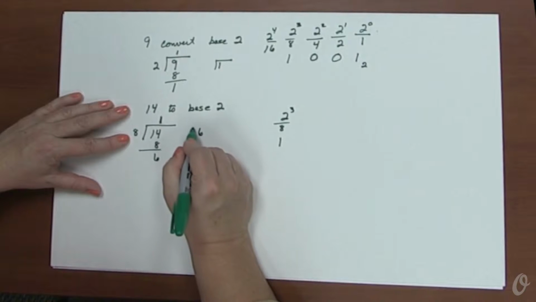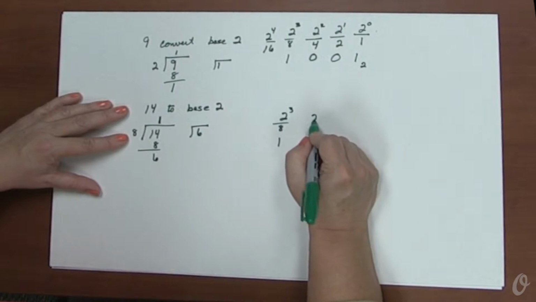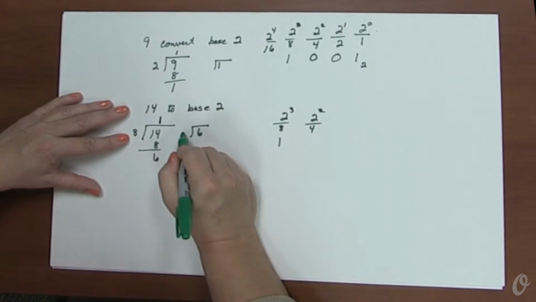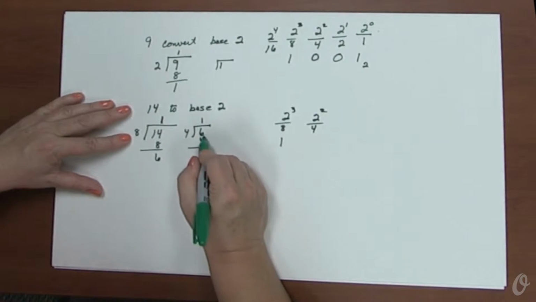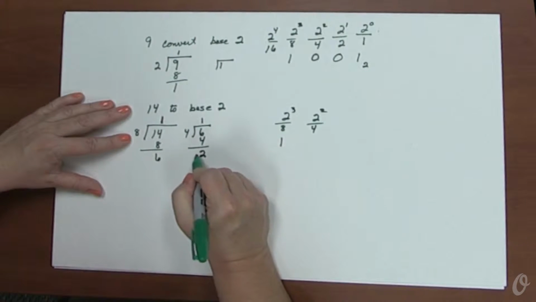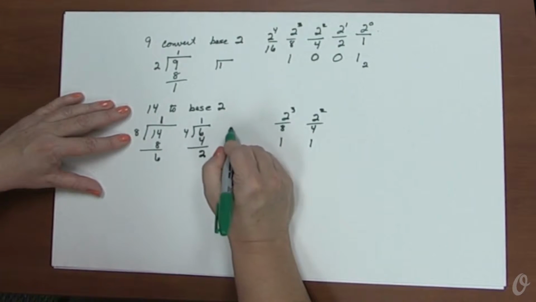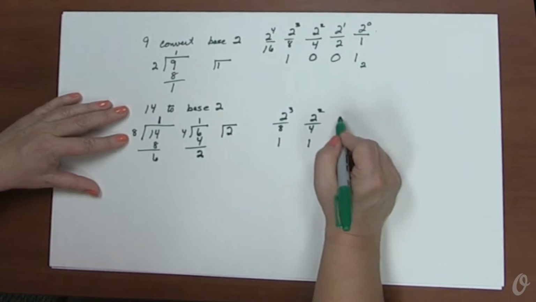Now I'm going to start with the 6. My biggest group of 2 that can go into that is 4. 4 goes into this 1 time, and 6 minus 4 is 2. So of my groups of 4, it took 1. And I'm going down to my next one, my remainder, which is 2.